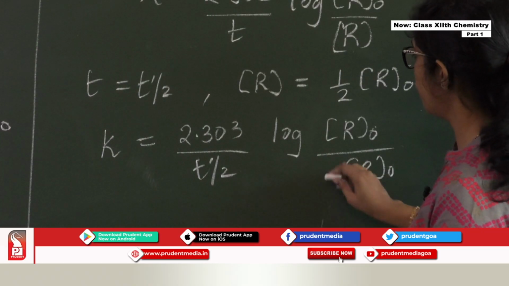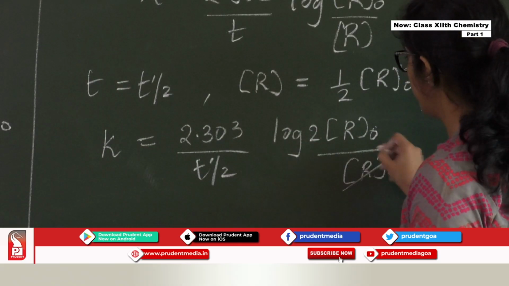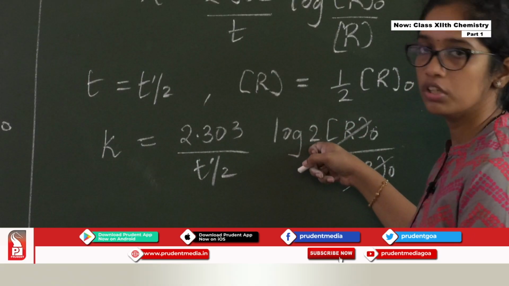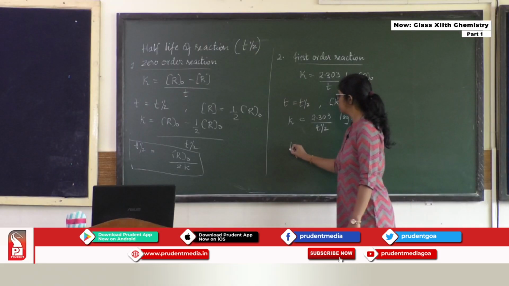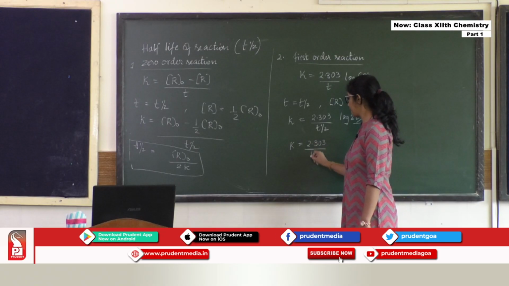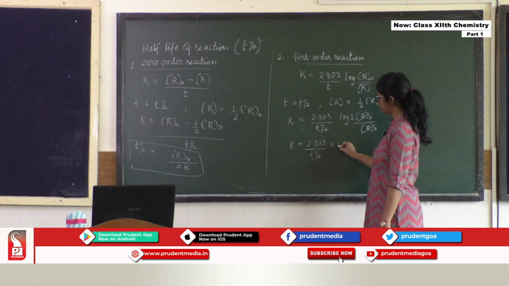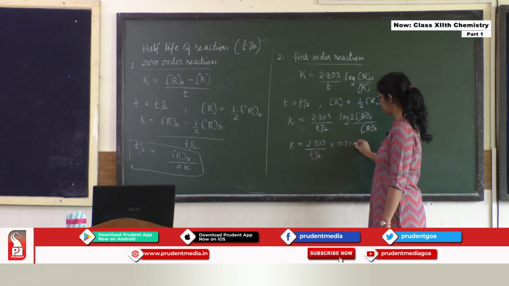So when we substitute half of R naught, we can take 2 in the numerator. You need to know the value of log 2. Log 2 value is 0.3010.